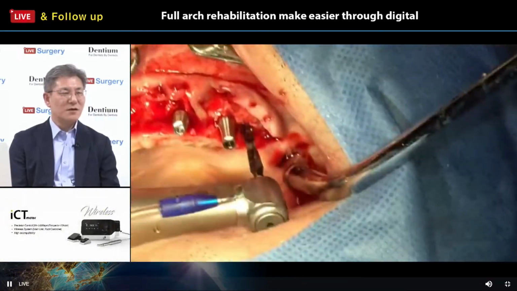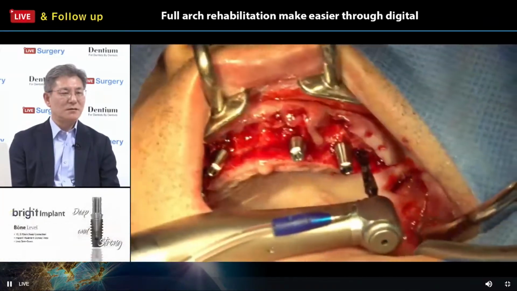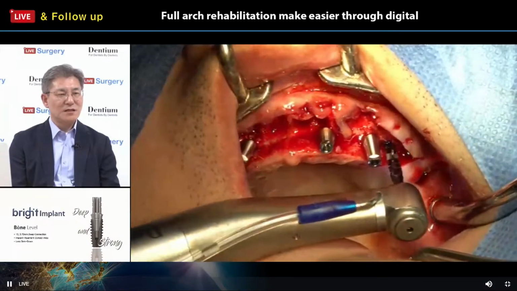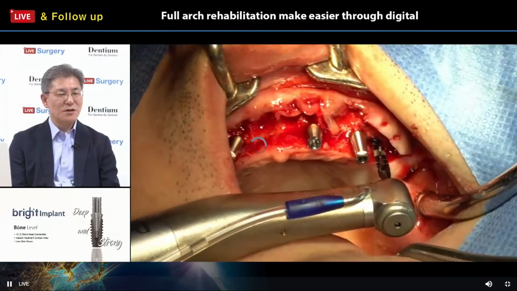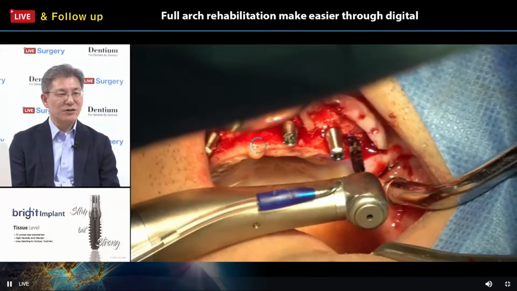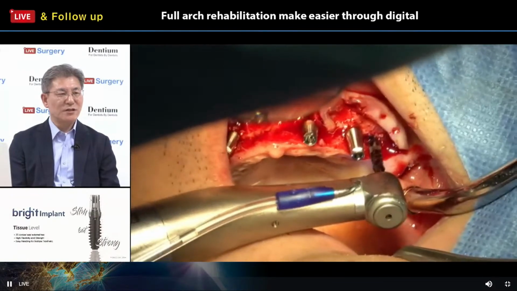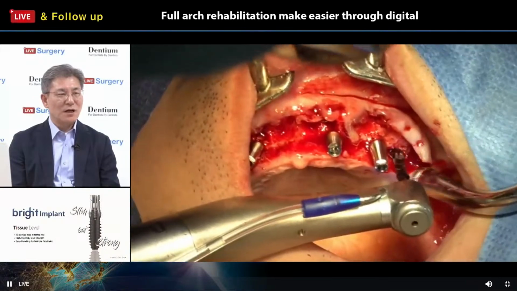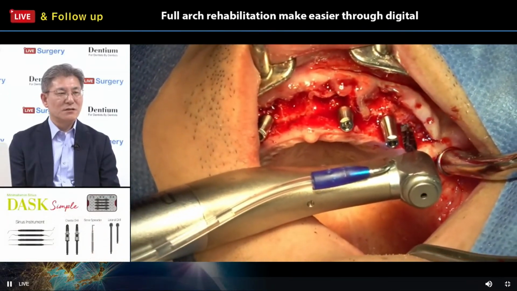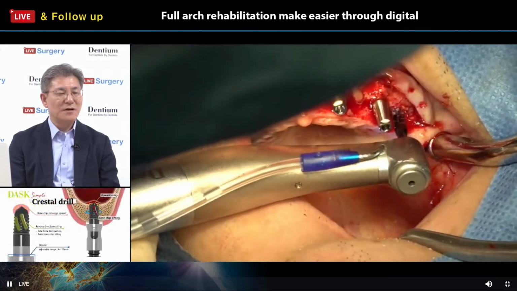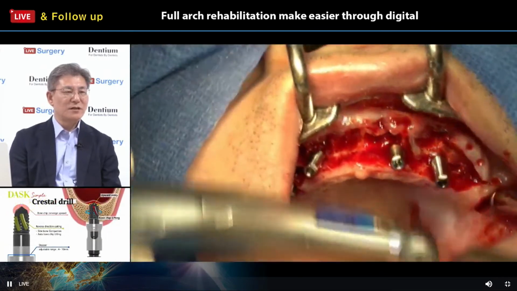Dealing with the sinus floor, the minus of sinus floor using crestal drill. Hopefully I want to see the crestal drill used on these number 25 and 15 areas.